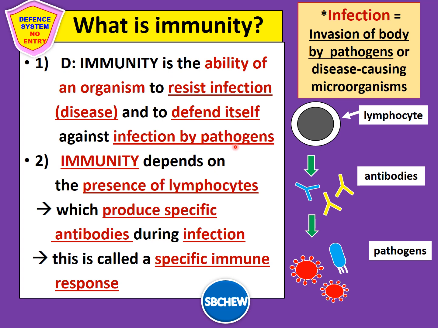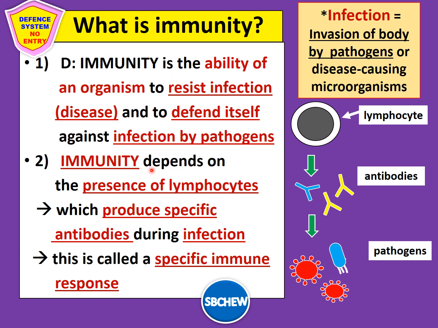So as I said before, we are in a war with the pathogens or the microorganisms around us. And they try to get into the human body and reproduce there. They're actually parasites. And our body has to defend itself and build up immunity against the pathogens in order to destroy them as they enter the body.